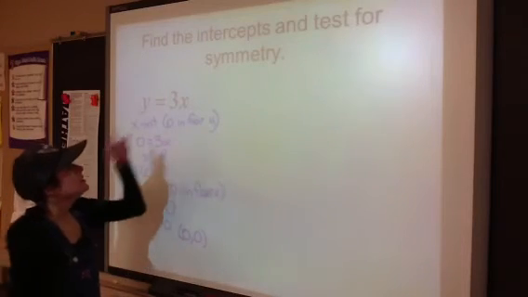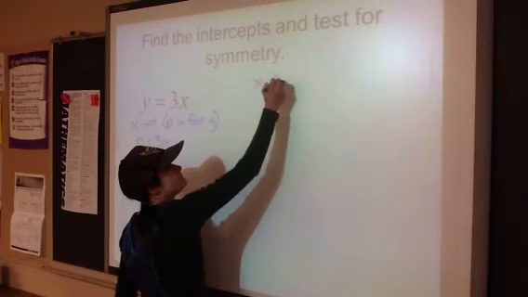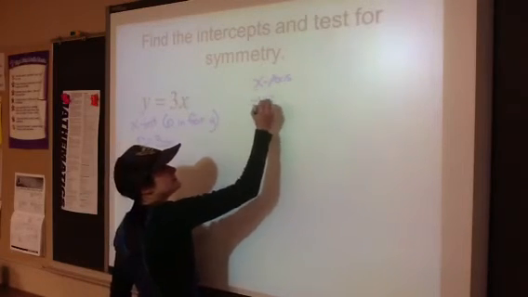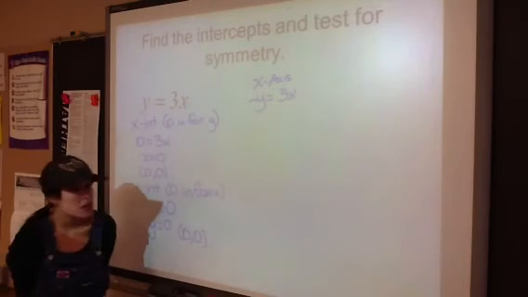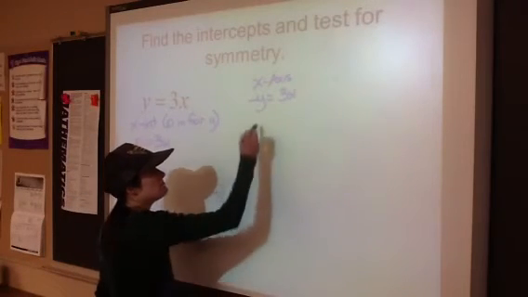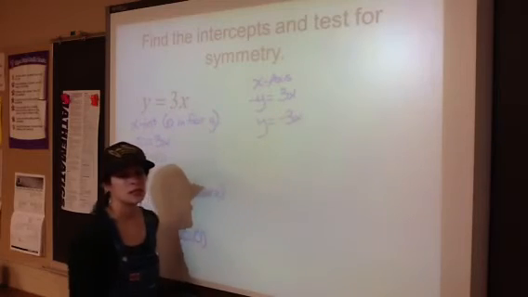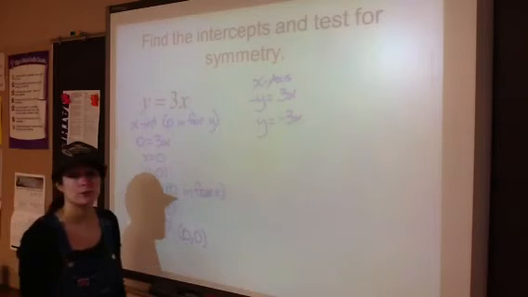Okay? Symmetry. To test for x-axis symmetry, we plug in a negative y. If I try to simplify that, I might divide by -1. And when I do that, I get y equals -3x. Is that the same exact equation as the original?